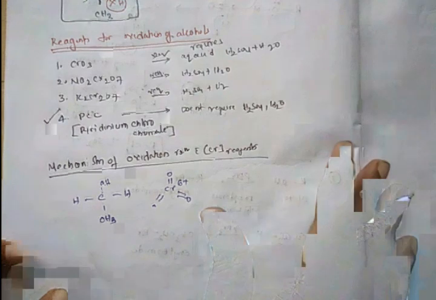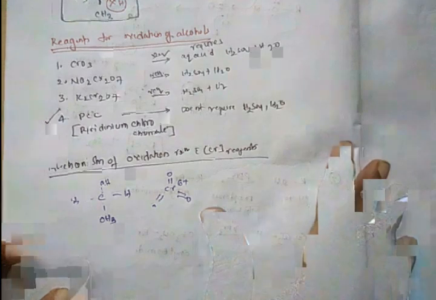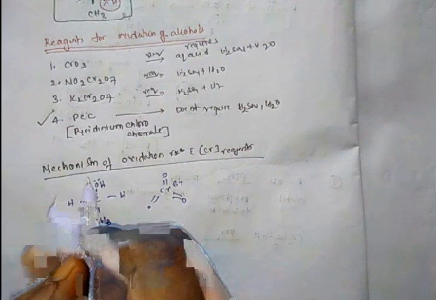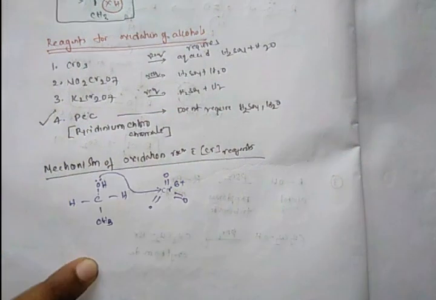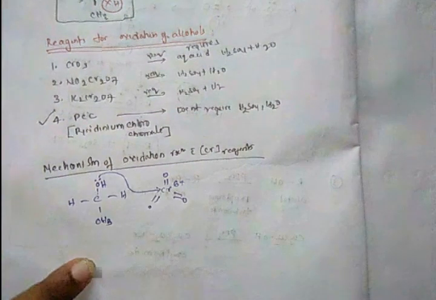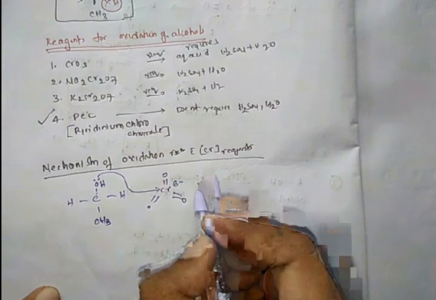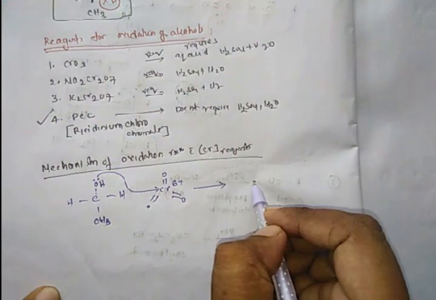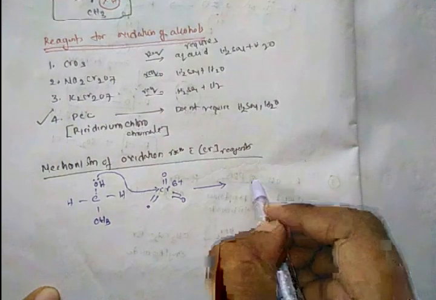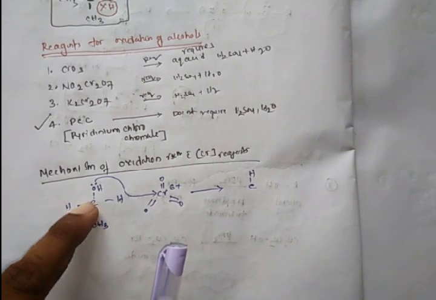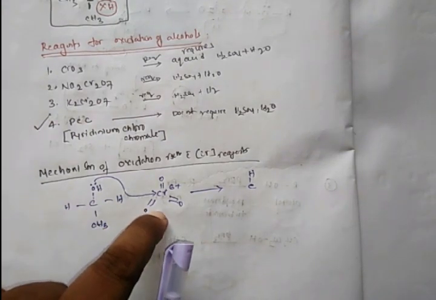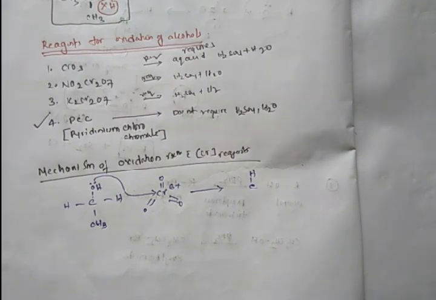Okay, so this electronegative oxygen atom attacks this electropositive chromium atom. As a result, a complex will be formed.